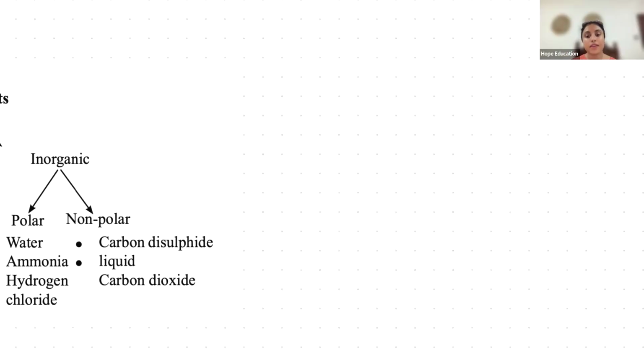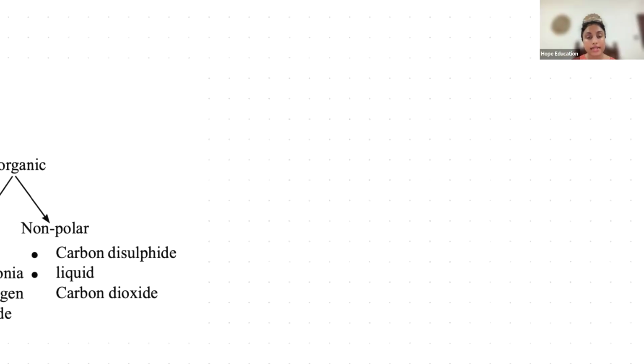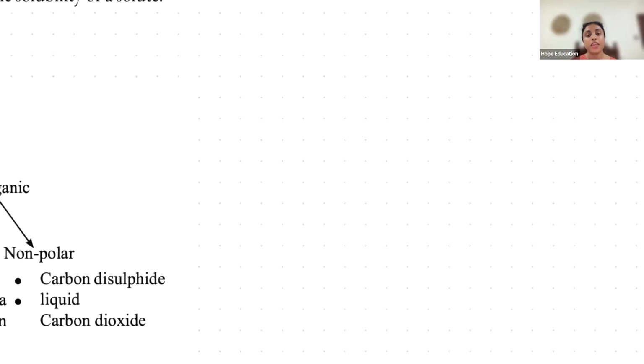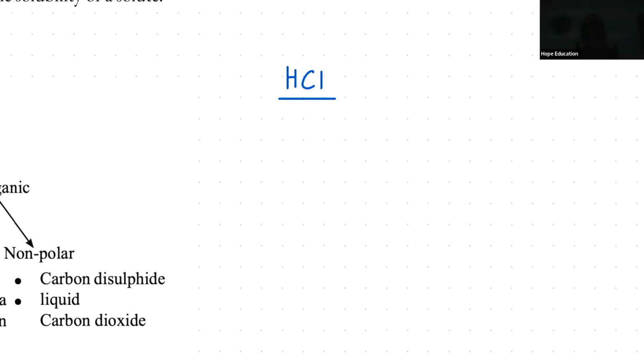Do you remember we talked about polarity in grade 10? We said, if you take something like HCl, HCl is a covalent compound. How is it formed? Hydrogen and chlorine form a covalent bond like this.